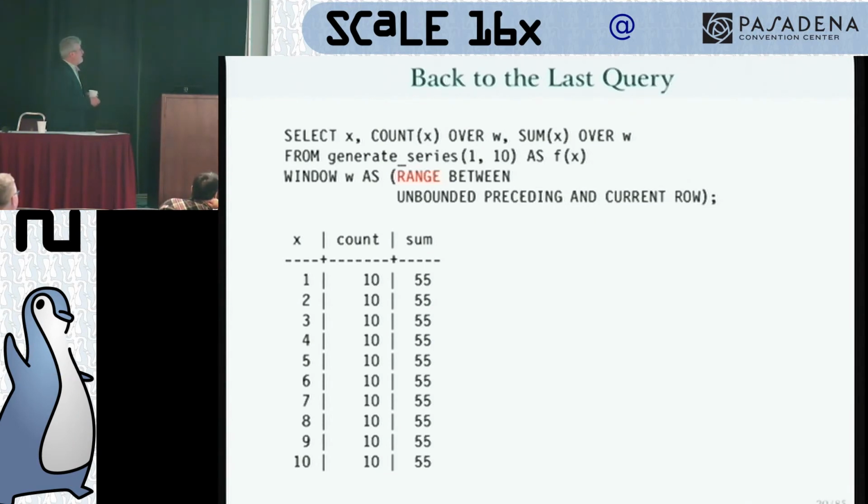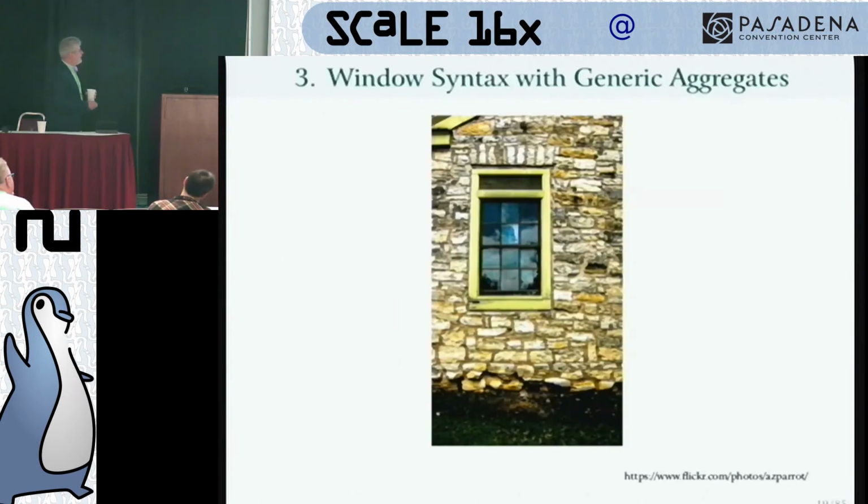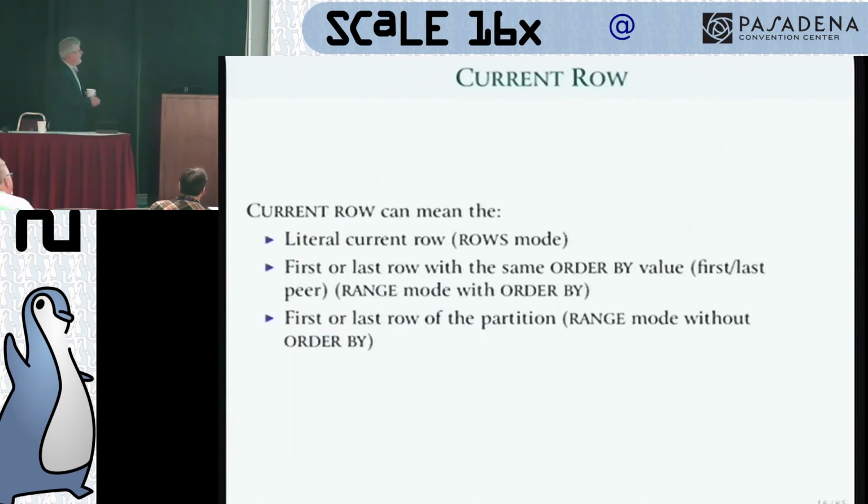The reason this looks this way is because we're in range mode. We have no order by. So the current row is the last row in the set, or the last row in the partition. I'm going to back up again a little bit. I talked about this. Current row can mean first or last row in the partition, range mode without order by. Right? Yes, sir.